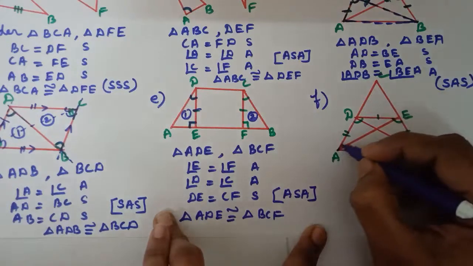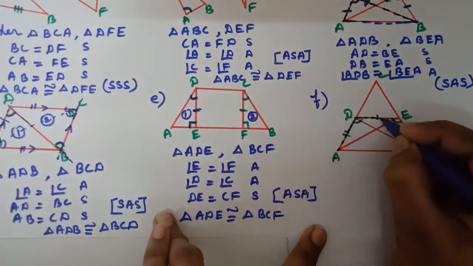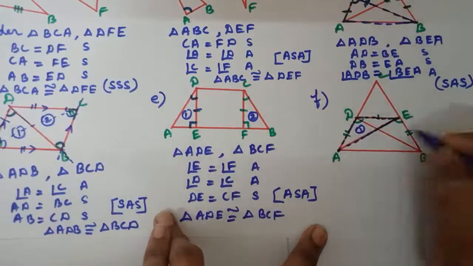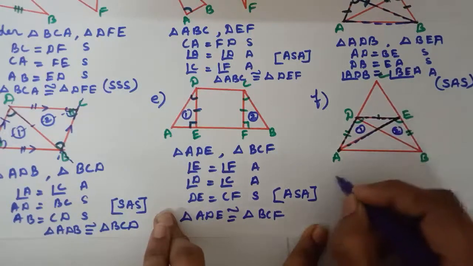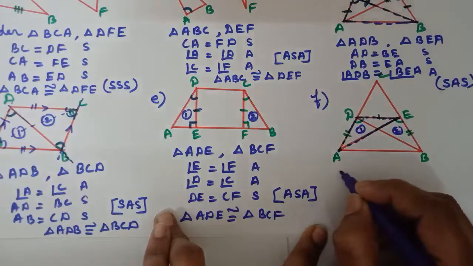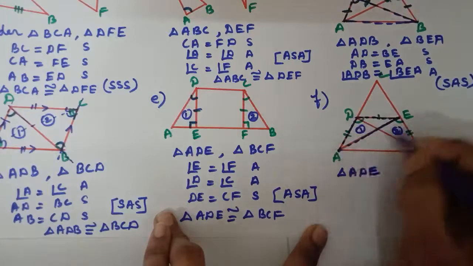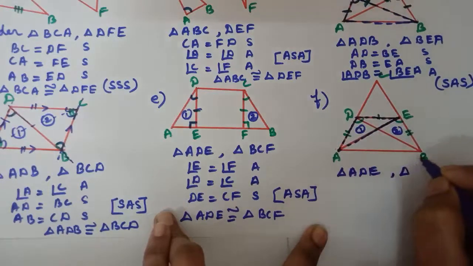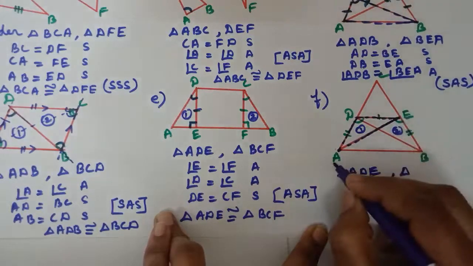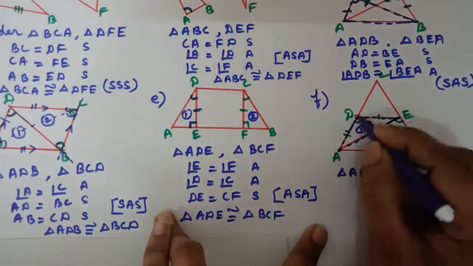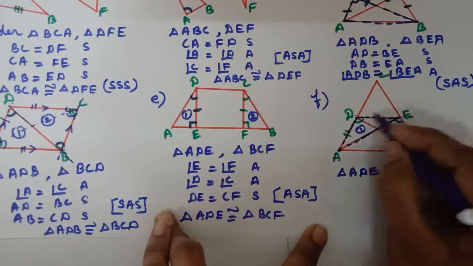Here I have taken this triangle number 1 and this triangle number 2. That means consider triangle ADE, this triangle, and triangle BED, this triangle.